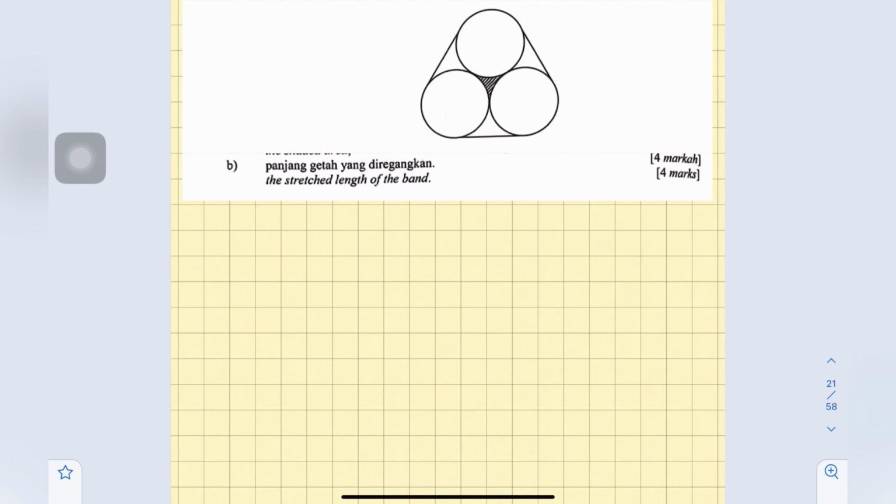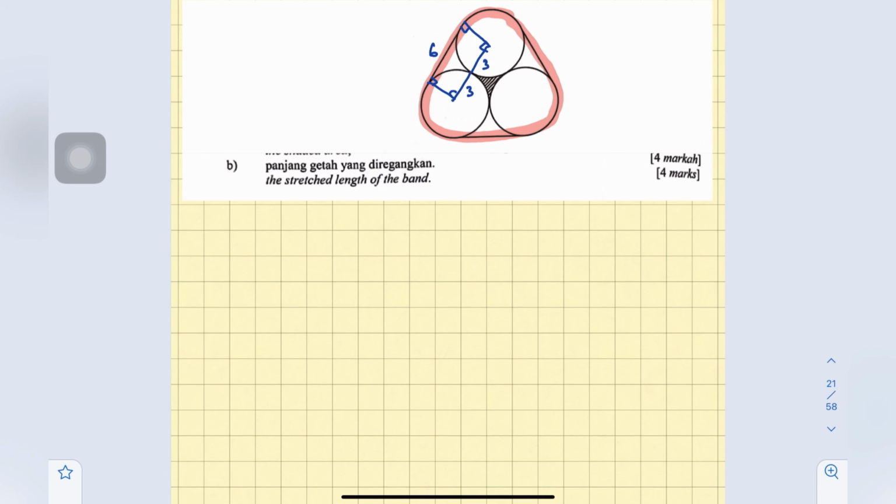B, find the stretched length of the band. Okay, so the idea is we want to find this band. From the radius given, we know this is a radius and this is also a radius. This is a tangent, so it is 90 degrees. So the tangent means the radius is 3, so this one is 6.